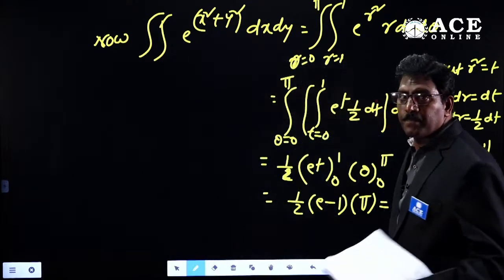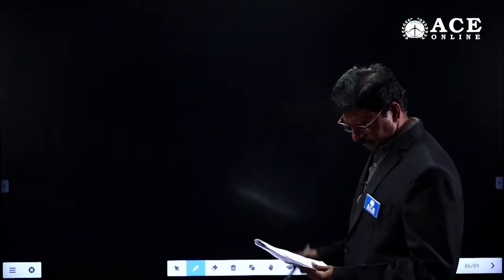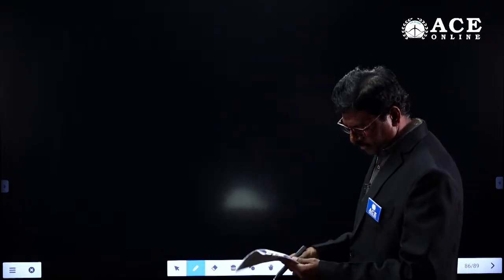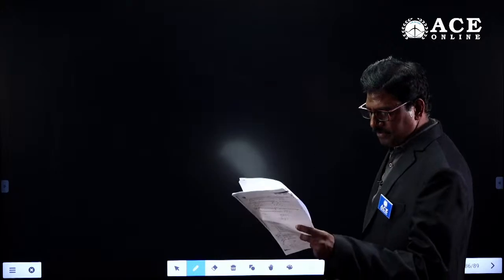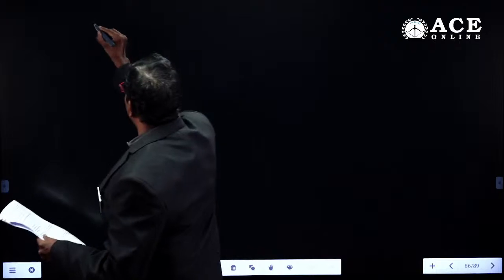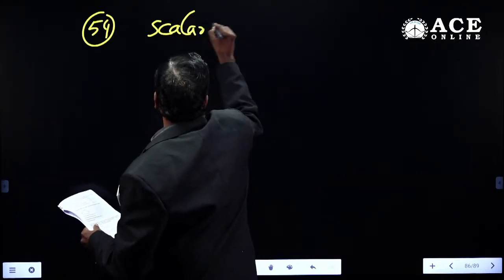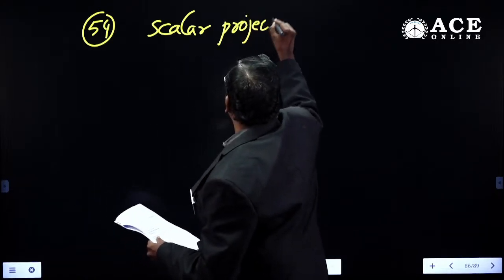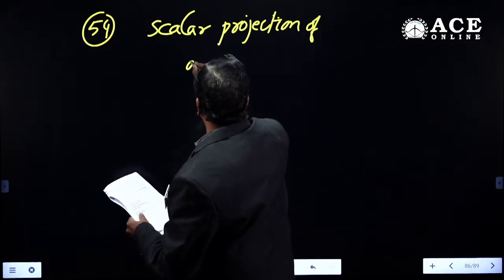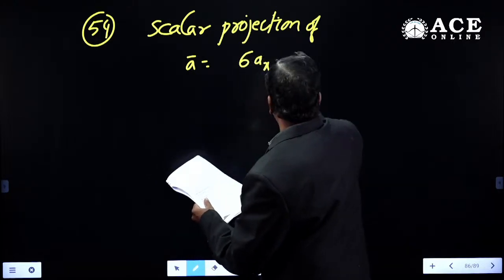Now coming to the next problem. After 44, the next problem is number 54. Scalar projection of a vector. Okay, problem number 54 it is.